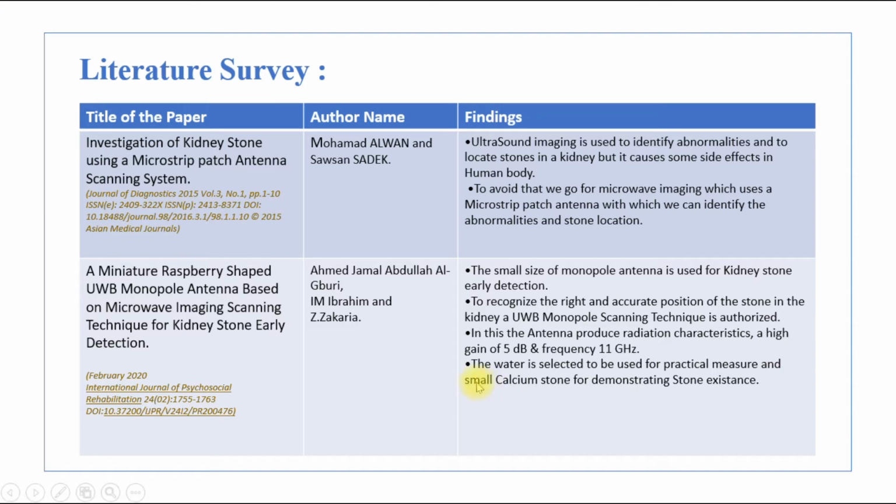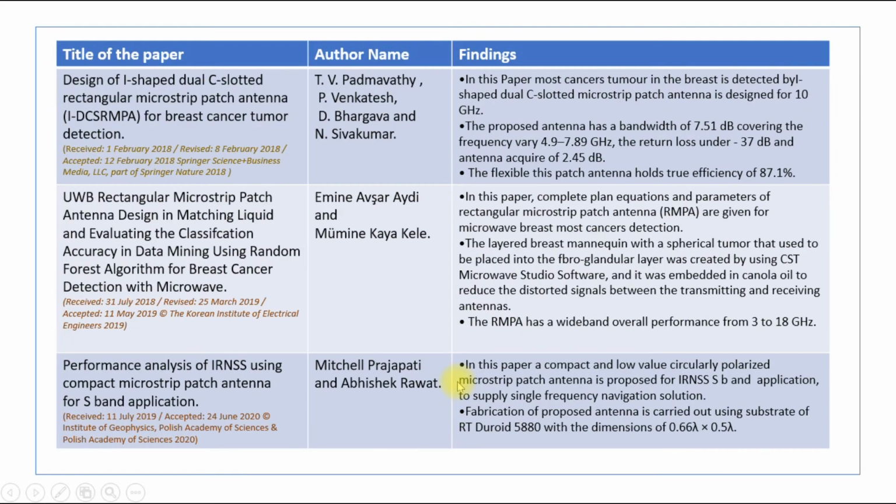Okay, so these are the two papers we found, and I also looked at the latest 2018, 2019 and 2020 papers. These papers are not talking about kidney stone, but the same kind of microwave imaging technology is applied to different applications like breast tumor detection, and in these papers new antenna designs are explained.